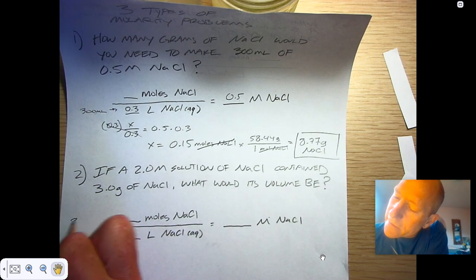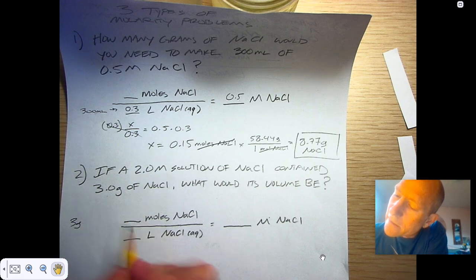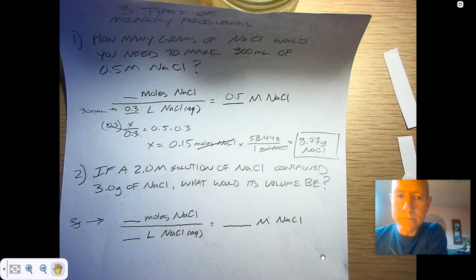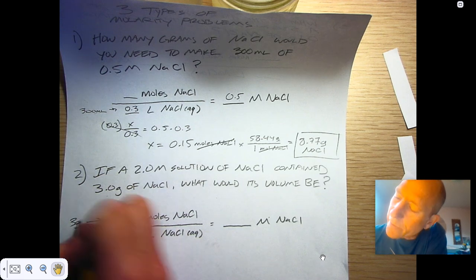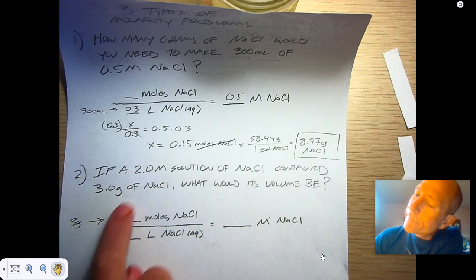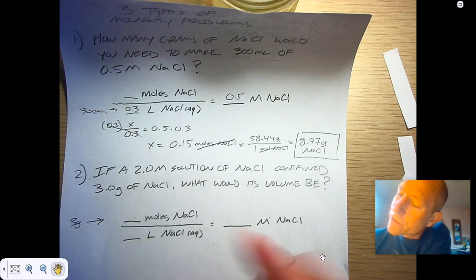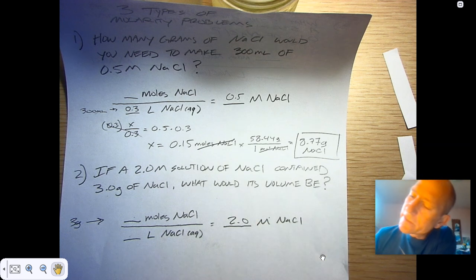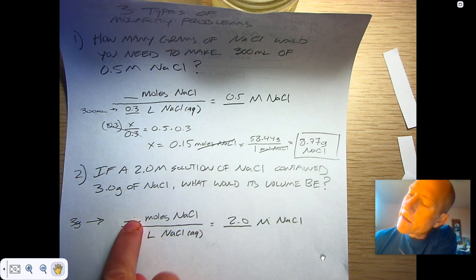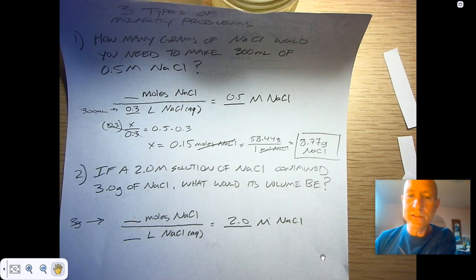So I'm going to have to take 3 grams and turn that into moles and put it right here, just like we did earlier in the week. And then if the concentration is 2 molar, 2.0 molar, then that goes right there. So once I have that number and that number, I can use algebra to solve for that number, and that's going to be the volume of the solution in liters, of course.